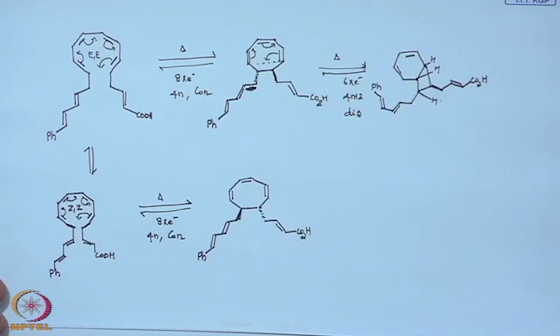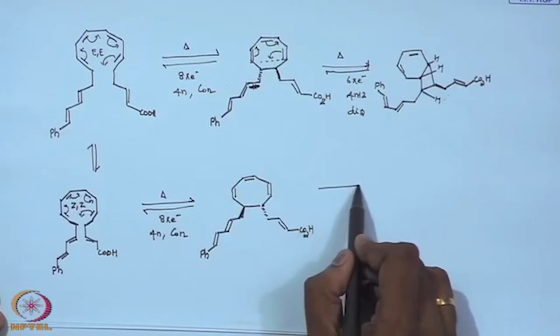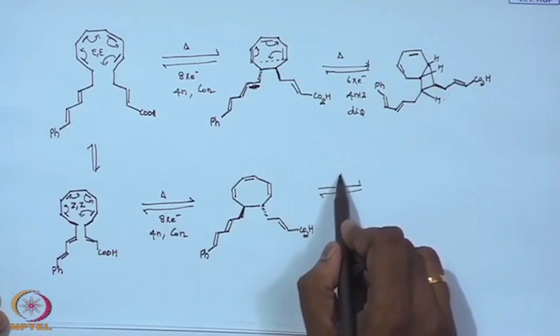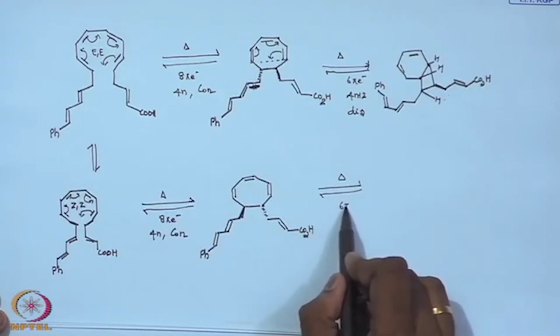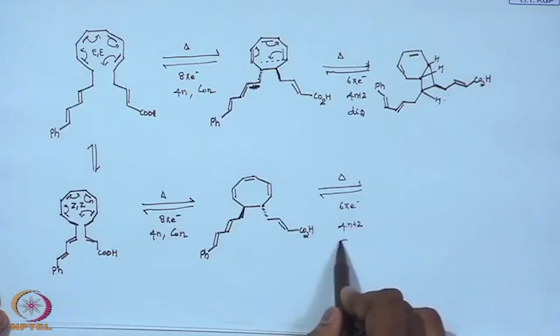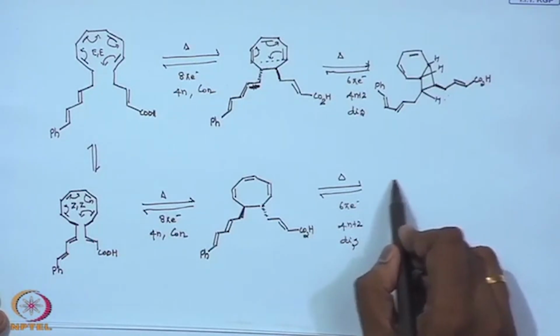So, you get this one. Now, again you can heat this, it can undergo a nice 6 pi electron reaction, same way 4n plus 2, and you can do this. So, you write the structure for this.